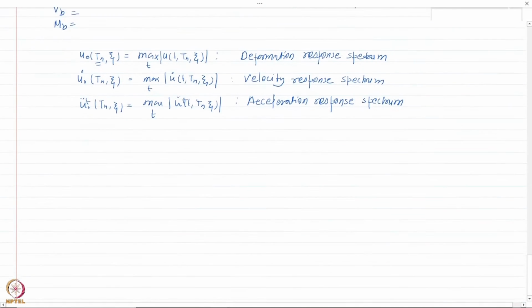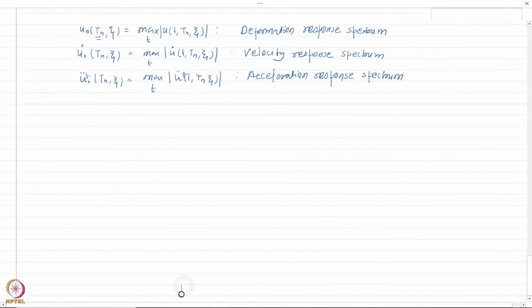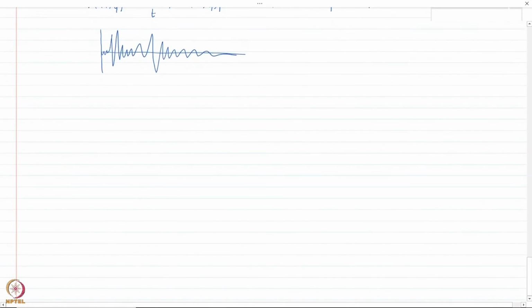Now let us see. For any ground motion, let us say I have a ground motion which has a very random response, something like this. Depending upon the time period of the structure, as I have shown you before, let us say this is time period 0.5 second. Let us say this is time period 1 second, so that it is a little bit more spaced apart than the above, and the amplitude is also more.